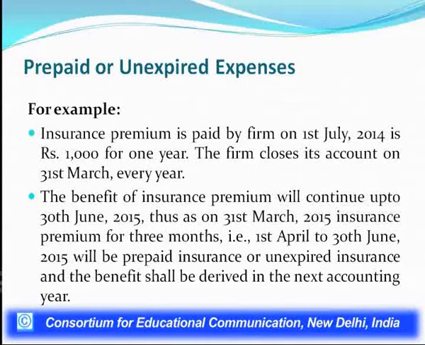So, if we are preparing the financial statements on 31st March, we will notice that the benefit of the 3 months, that is 1st April to 30th June 2015, is not derived in the current financial year. So, the insurance premium for these 3 months belongs to the coming year, and it is called prepaid insurance premium.